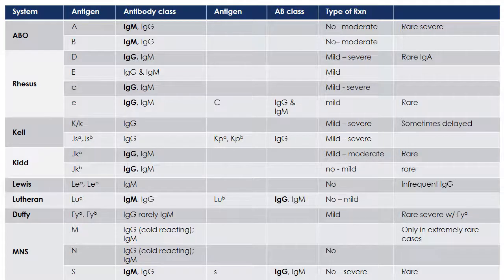Now, as we know, not all antigens are created equally, and part of that is not all antigens are developed at birth, right? Not all red cell antigens are fully developed at birth. So we know that not all blood group antigens can cause HDN, and you have to know which ones can cause it, and more importantly, which ones don't.